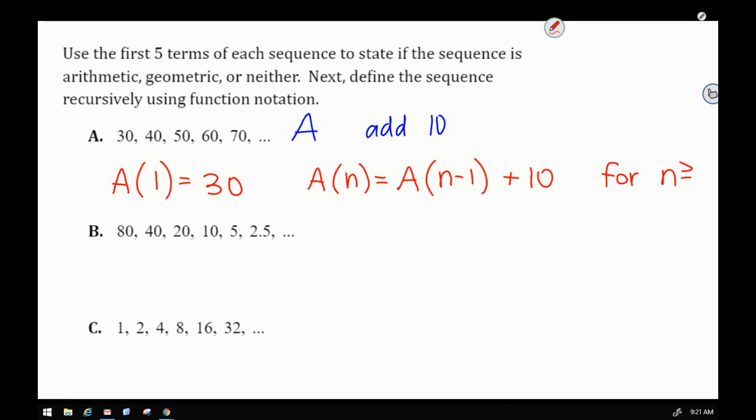If we started with step 1, we're going to use this rule for anything greater than or equal to 1 more than that, so 2. So for step 2, we would take 30 and add 10. For step 3, we would take 40 and add 10.